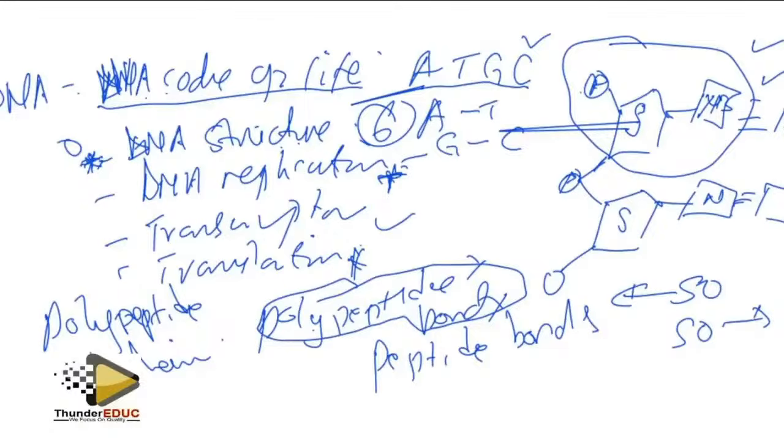Who discovered the structure of DNA? James Watson and Francis Crick. Another question: what is the difference between DNA nucleotide and RNA nucleotide? They are not asking what is the difference between DNA and RNA.